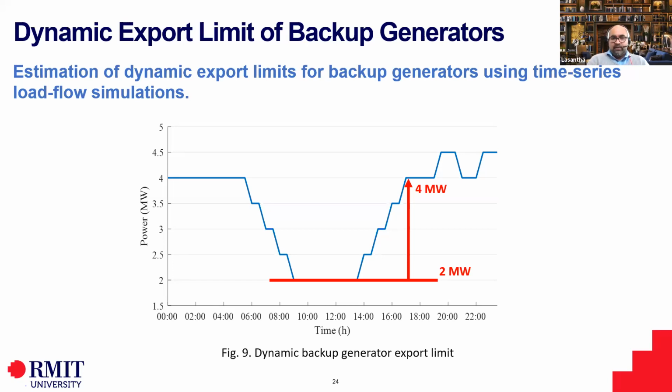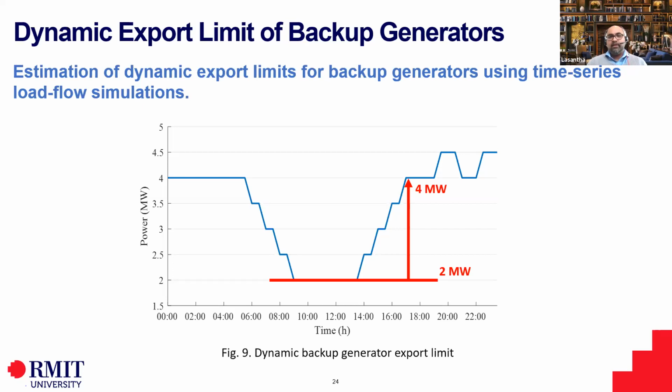So likewise, we saw that the export limit is not a single number. It could vary from network to network. Obviously, that will usually be captured in the connection studies. But the time of the day plays a major role. For example, in this particular case, 2 megawatts can be increased to 4 megawatts.